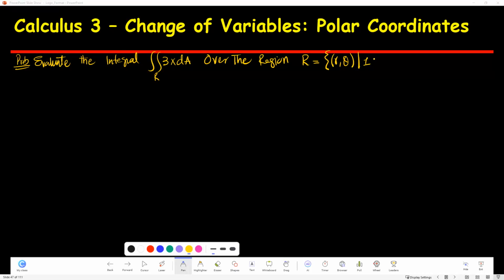So you have to solve this range and put the limits accordingly.